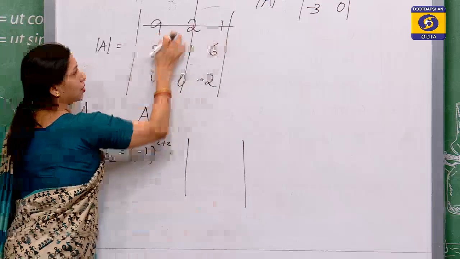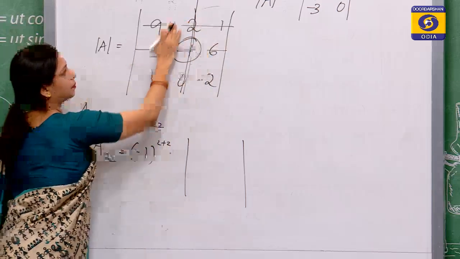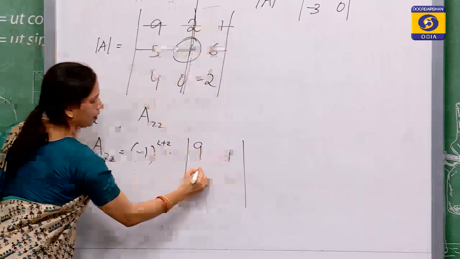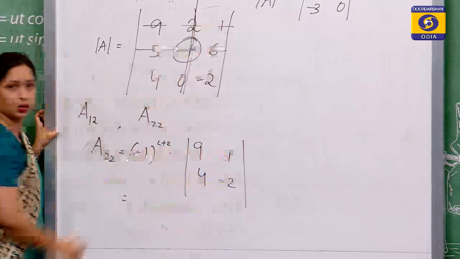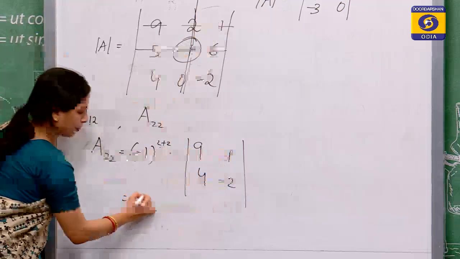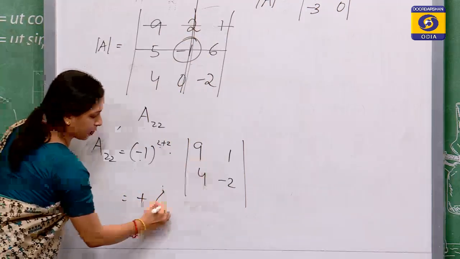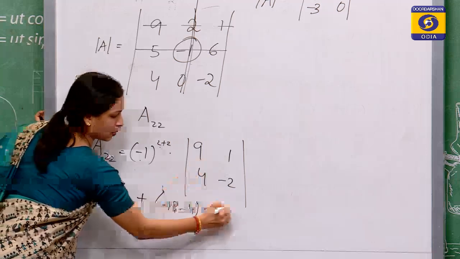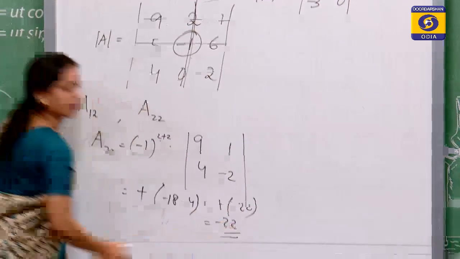So, deleting the second row and second column, the resultant is 9, 1, 4, minus 2. What is the sign? Minus 1 to the power 4, plus, right, and the value we get is minus 18 minus 4, that is minus 22.